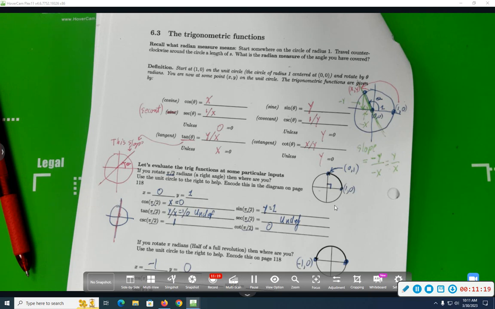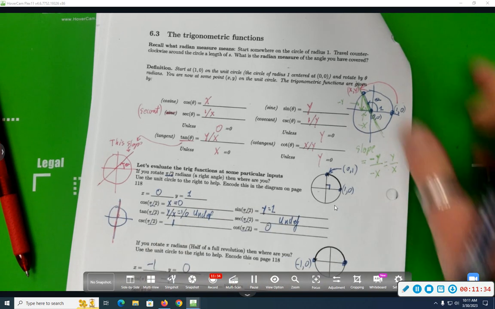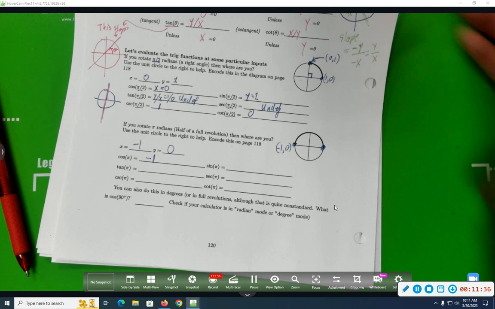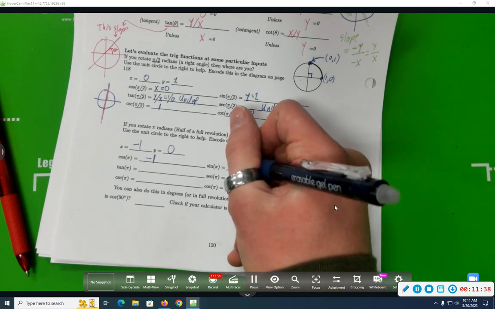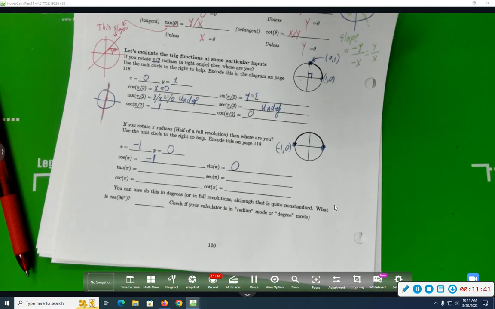So with that done, by looking at this diagram then, what is the cosine of pi? Negative 1. What's the sine of pi? Zero. Sine of pi is 0. Tangent of pi?